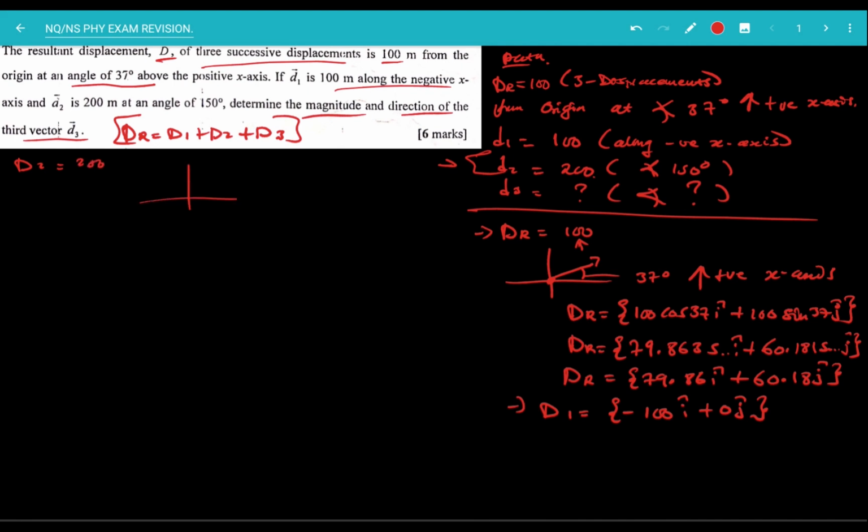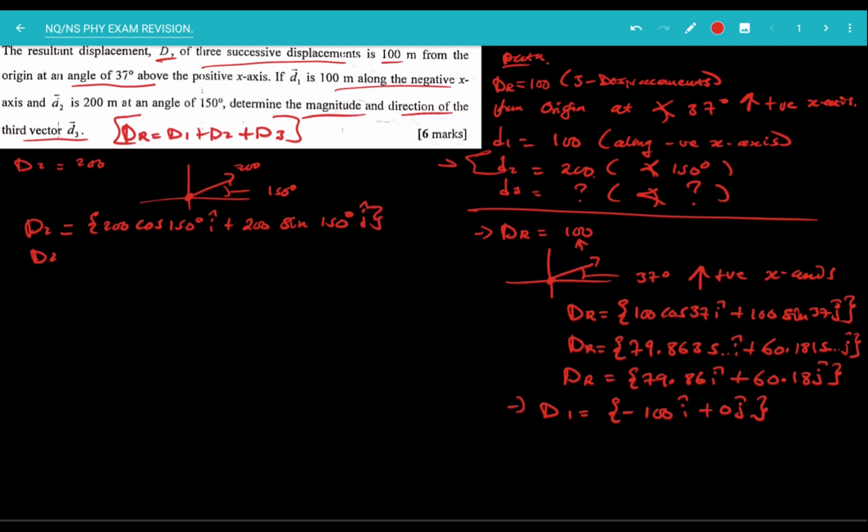So from the origin, its angle is 150 and the magnitude is 200. Resolving d2, we'll get d2 to be 200 cos 150 degrees in the i, plus 200 sine 150 degrees in the j.